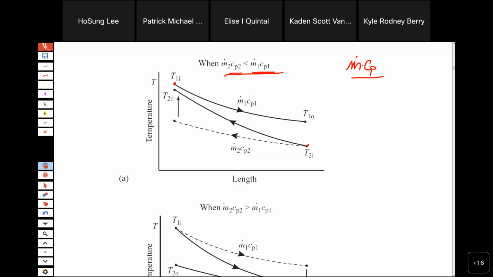Which one really dominates because of the capacitance, like a semi-truck and a small car.